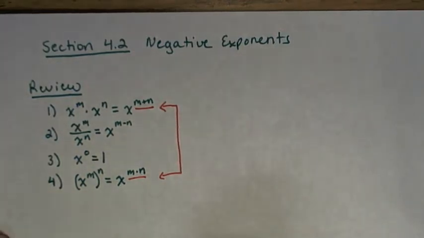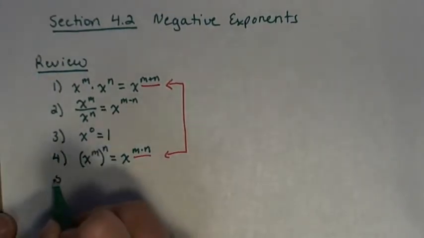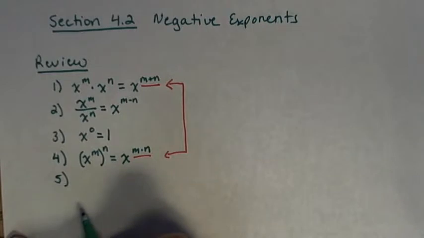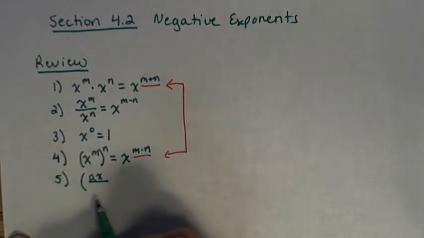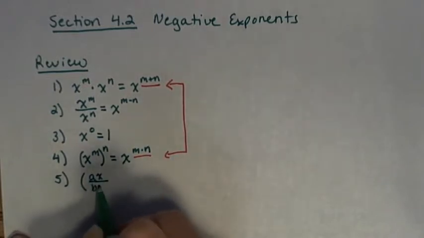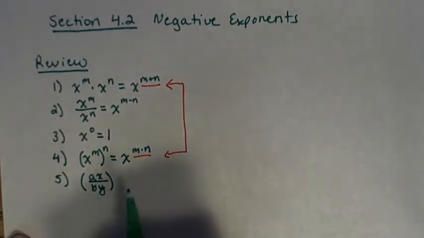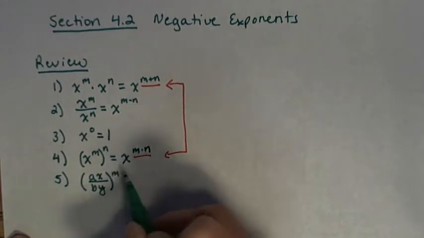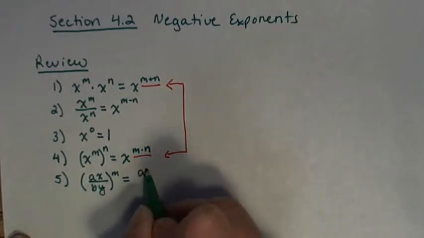Now the last rule we went over is very similar to rule number 4. It's actually an extension of that, and it's called the expanded power rule, which says if I have a bunch of values inside the parentheses, and the a and b might be numbers and the x's and y's might be variables, and I raise that to the mth power, then that mth power applies to everything inside the parentheses.